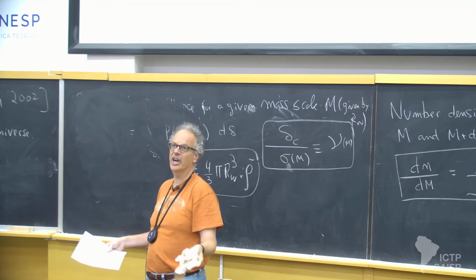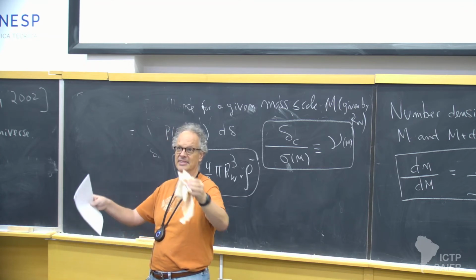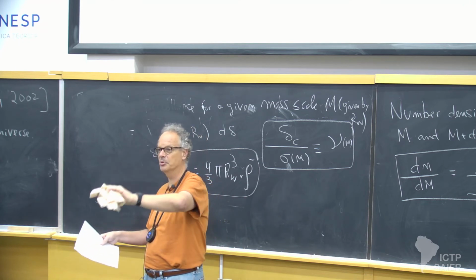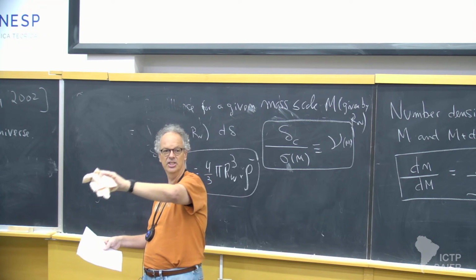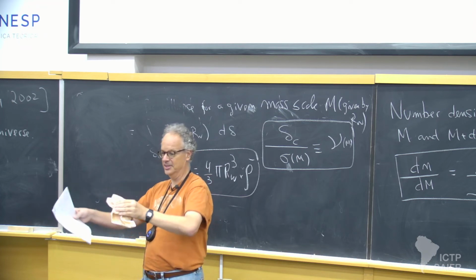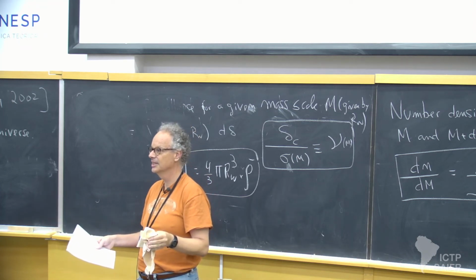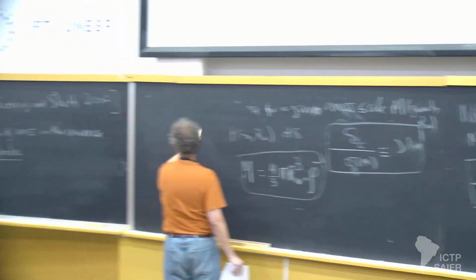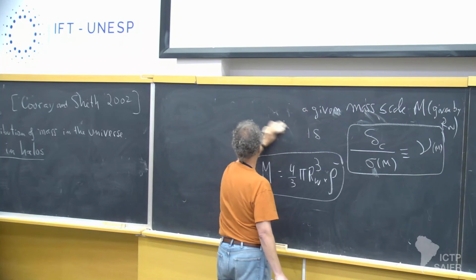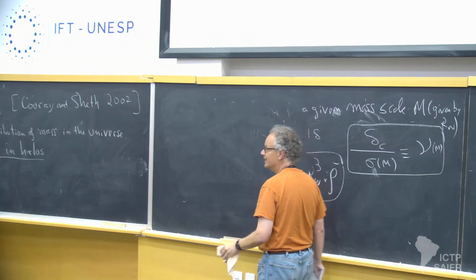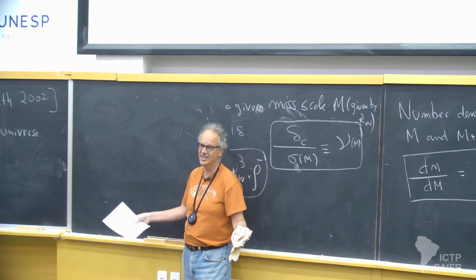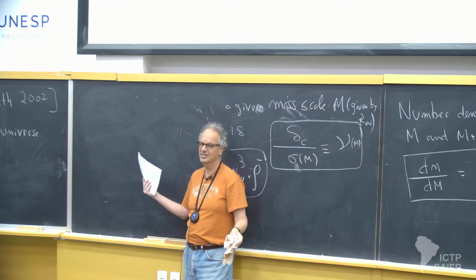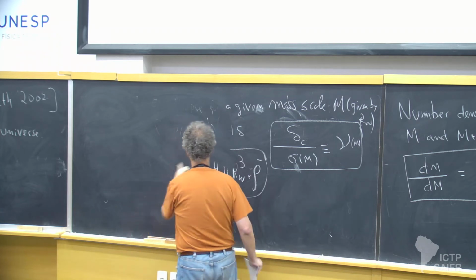And to describe how matter is distributed in the halo, we need what is called a density profile: how the density changes as a function of the distance to the center of the halo. That's one of the ingredients that we will need for this model. The other ingredient that we need to know is how many halos there are. We just saw that. That's the halo mass function.